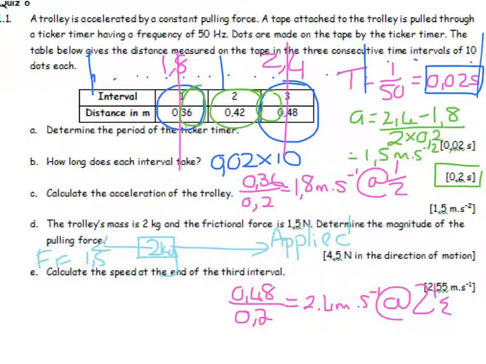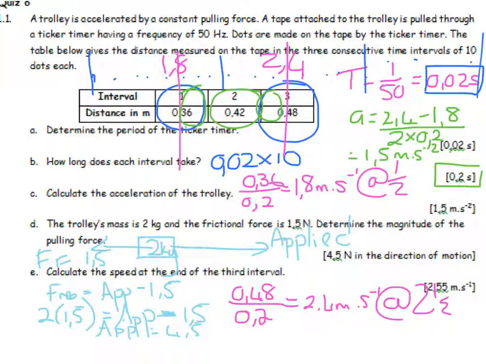So we know force resultant is equal to big force, applied force, minus little force, 1.5. But force resultant is 2 times the acceleration, and that's applied force minus 1.5. And therefore the applied force, which is what they were asking me for, is going to be equal to 4.5 newtons in the direction of motion.